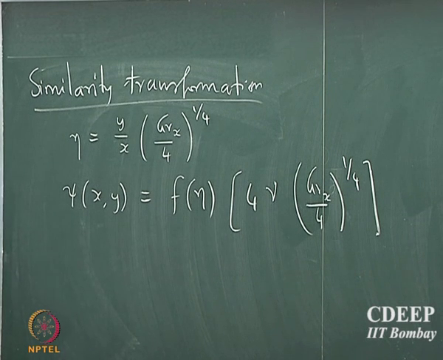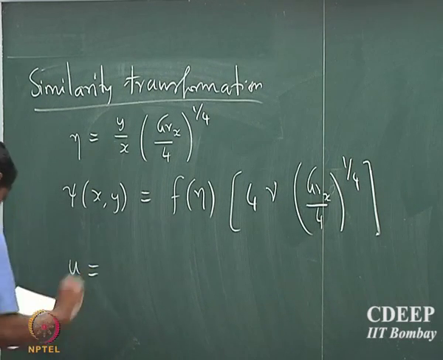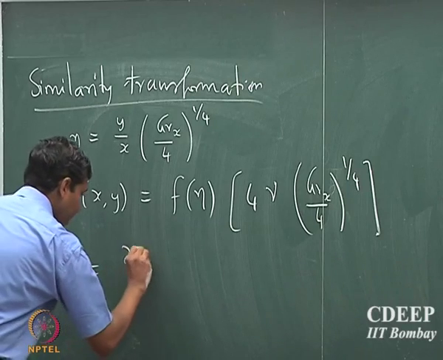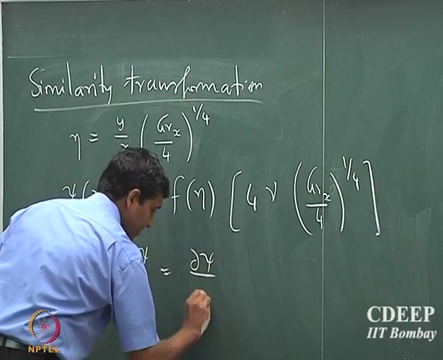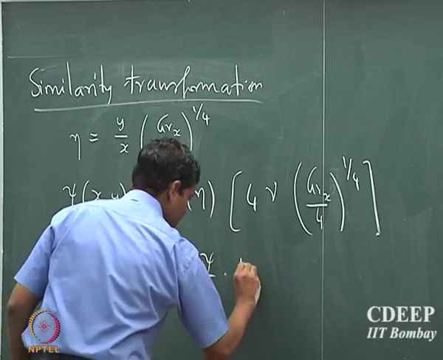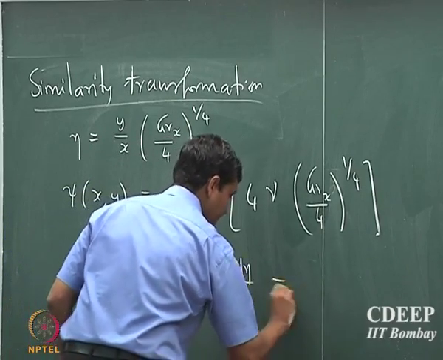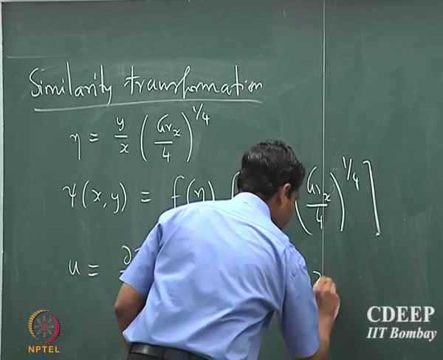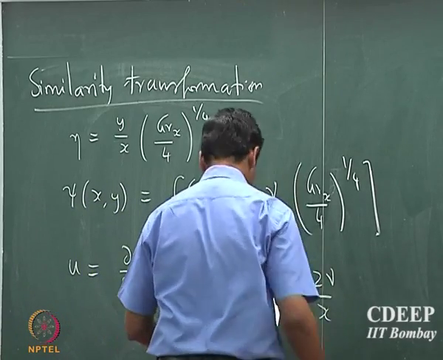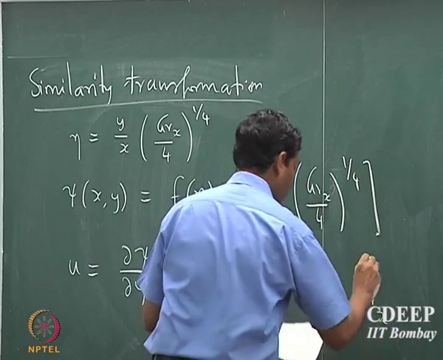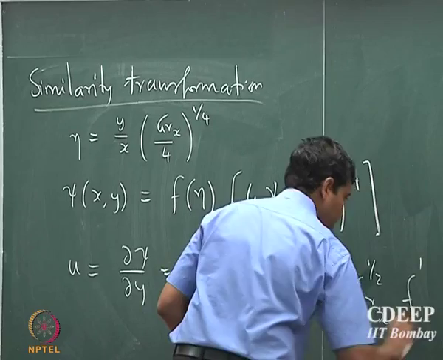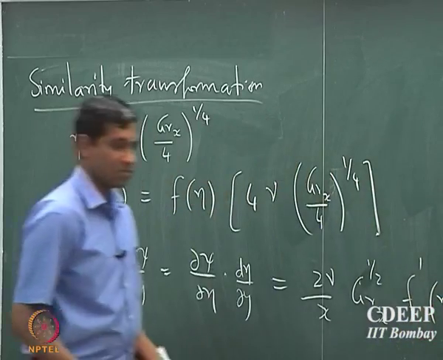Now we rewrite all the model equations in terms of these similarity quantities. So u will be d psi by dy, which is d psi by d eta into d eta by dy, and that will be 2 nu by x into Grashof number to the power of 1 by 2 into f prime of eta.